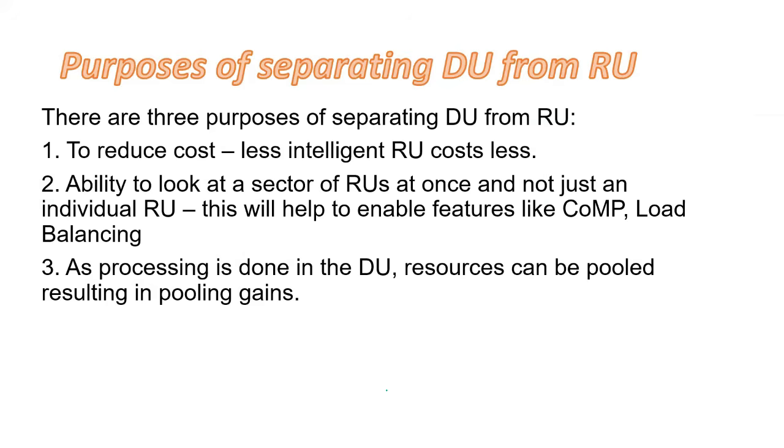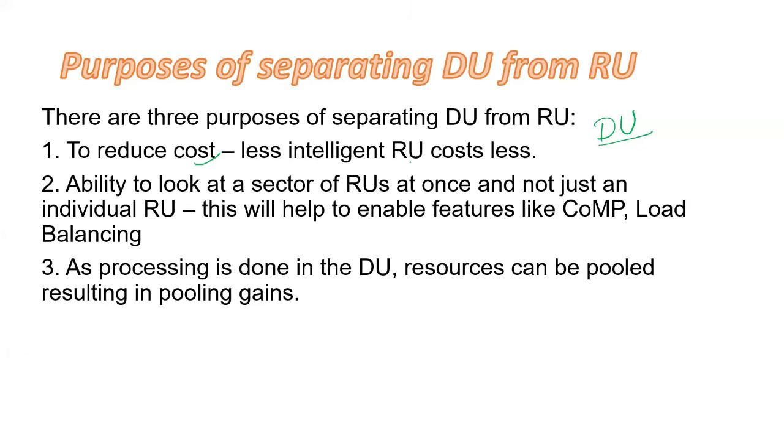So what's the purpose of separating DU from RU? We have to reduce cost, right? The DU will be very intelligent. We'll talk about what intelligent means in the next few slides. Earlier we had to make the RU intelligent, but now you have to make the DU intelligent, based on AI, ML, cloud computing, and various other things.